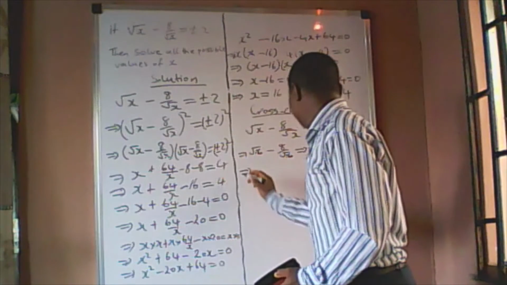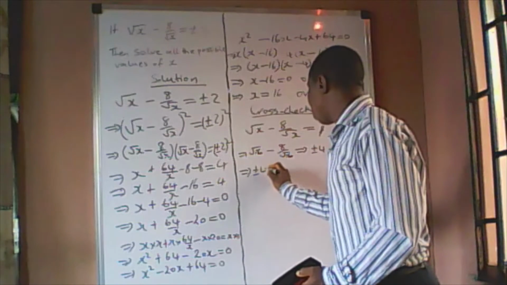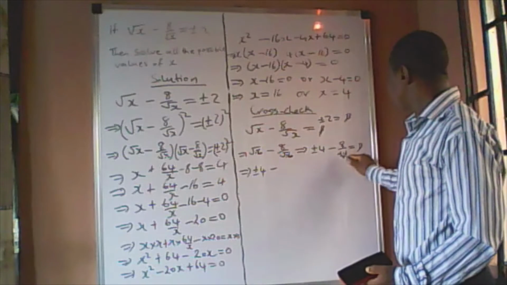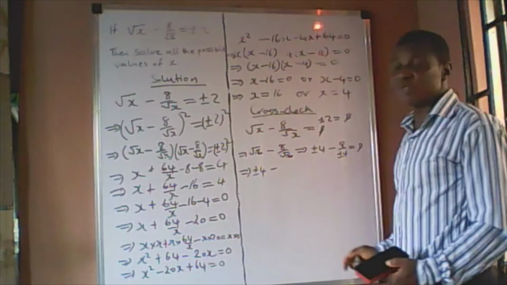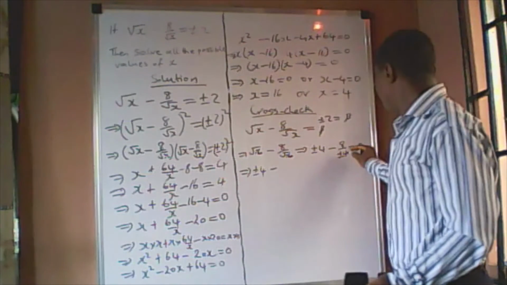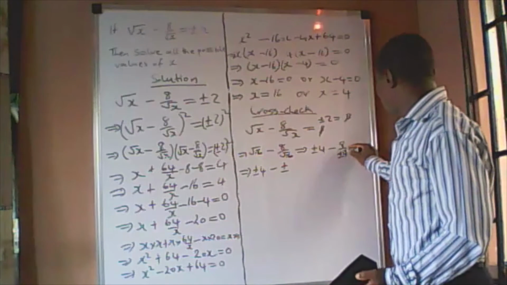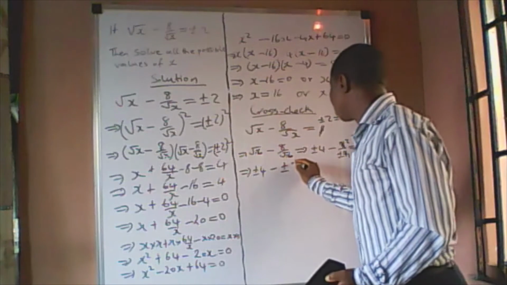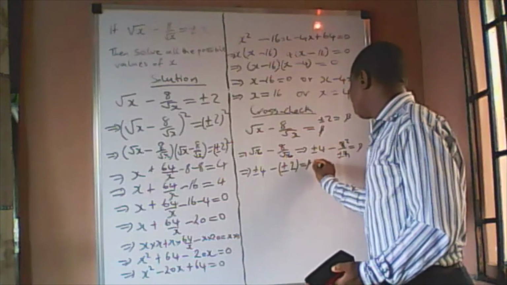Implies plus or minus 4 minus, now plus divide plus will give us plus. That means we have plus or minus, then 4 cancels, 1, 8 cancels, 2. It remains 2 equal to beta.